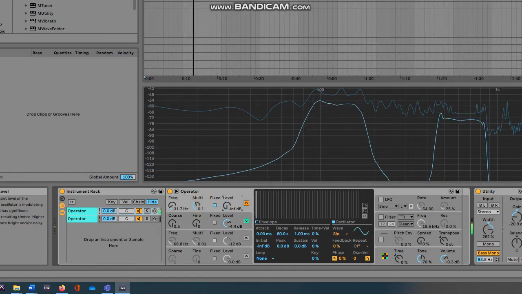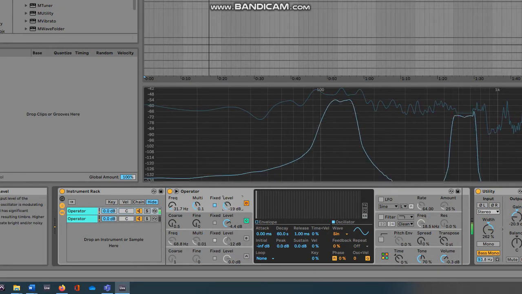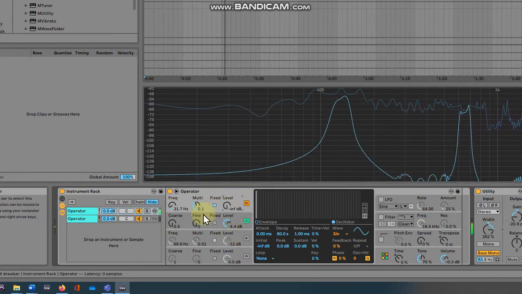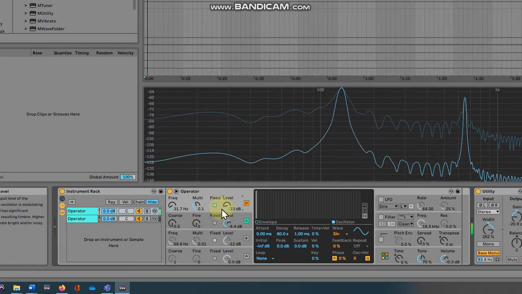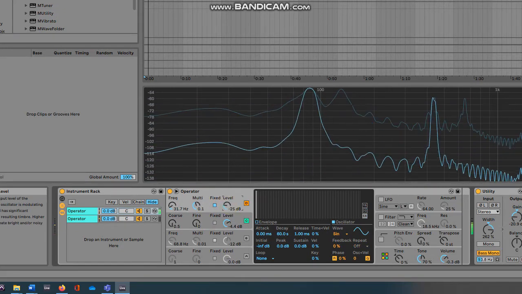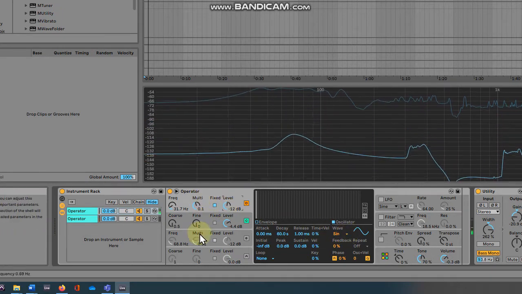There seems to be a very long delay on what's going on here. I have to stop the note, so I'll play the keyboard instead. And so that's the way one modulates the other.